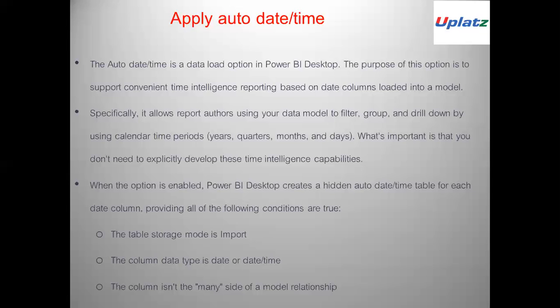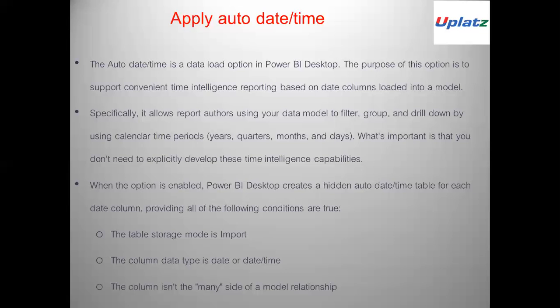That means if we want to drill down the date into further levels, such as by month or by quarter, we can use it. Specifically, it allows report authors using the model to filter, group, and drill down further into years, quarters, months, and days.